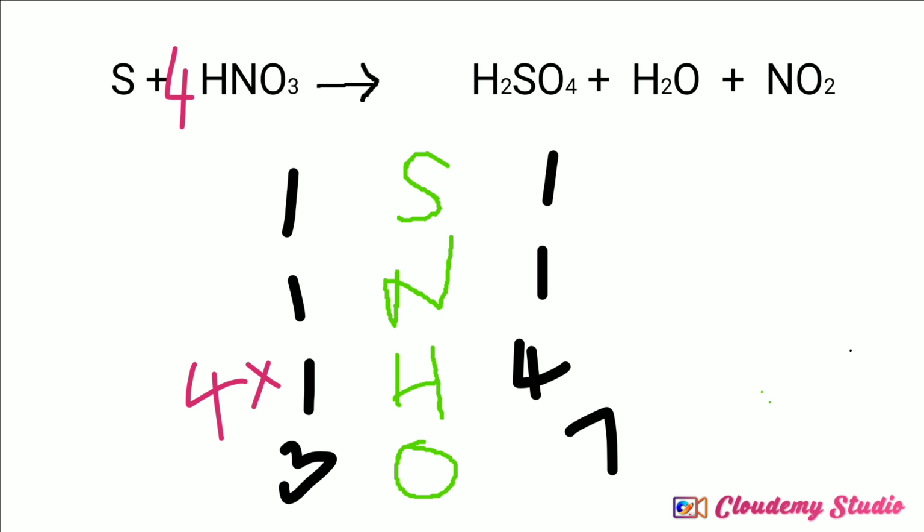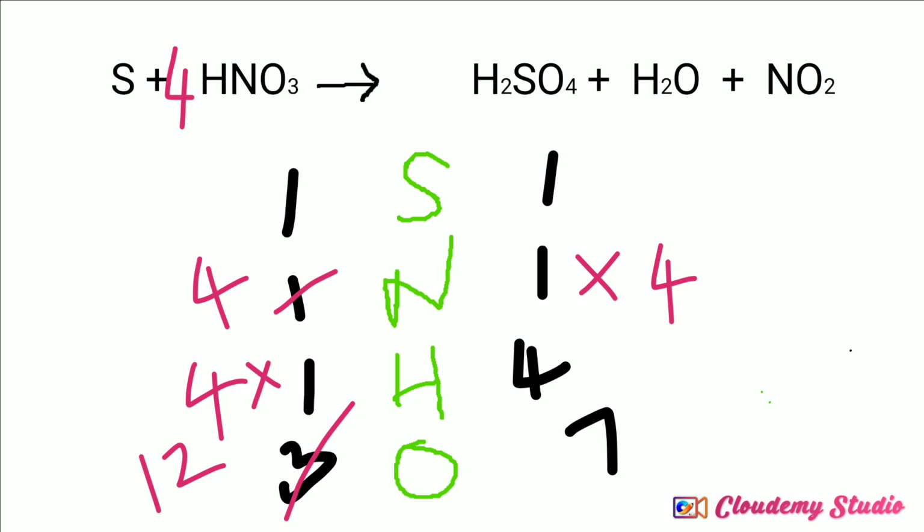So when we multiply this 4 with the nitric acid, nitrogen at the left hand side becomes 4 and oxygen at the left hand side becomes 4 times 3, 12. Nitrogen at the right hand side is only one time, so we multiply by 4 times.